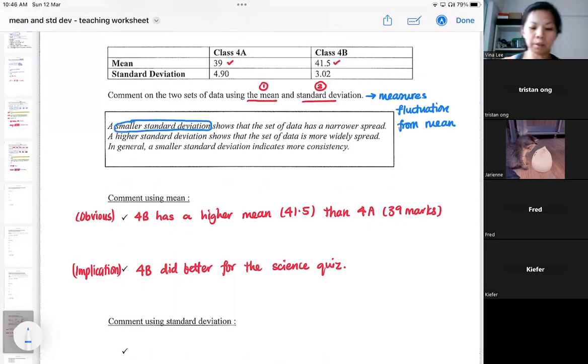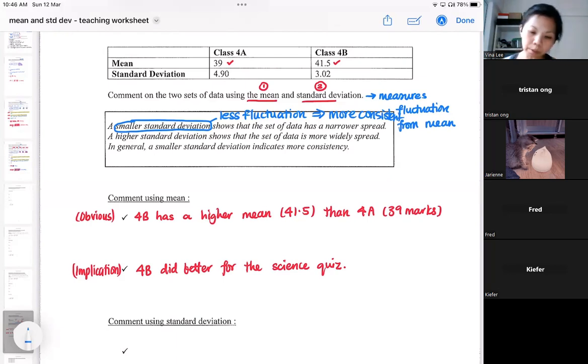A smaller standard deviation means you have less fluctuation, and less fluctuation means you are more consistent. A higher standard deviation means the data has a lot of fluctuation, so it is not consistent.